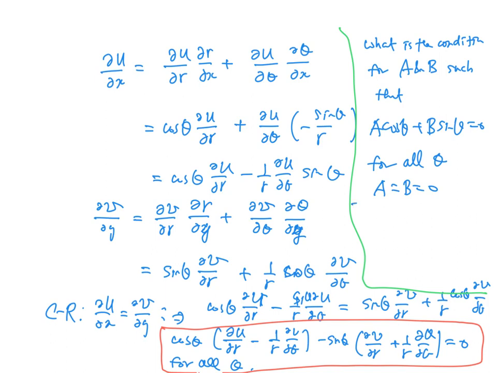So from this condition we have partial u, partial r is 1 over r, partial v, partial theta, and partial v, partial r is minus 1 over r, partial u, partial theta. So that's the Cauchy-Riemann condition for polar coordinates. And actually you obtain the same equation for the other condition.